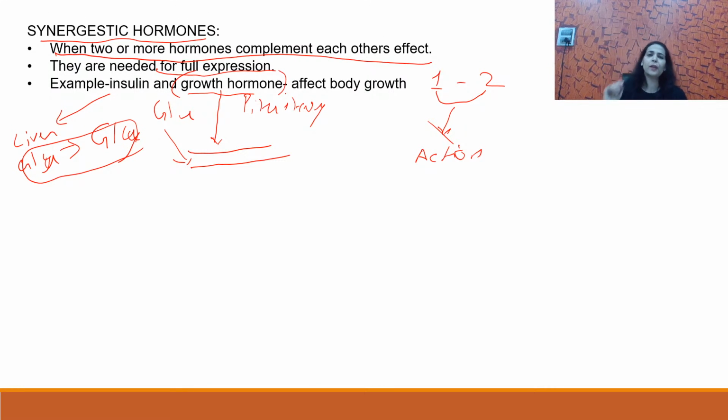Suppose you only have growth hormone. Growth hormone will try to act on the bone, but you do not have insulin in the body. Glucose will not be absorbed by the bones, and though bones have growth hormone, they will not attain their normal length in the absence of insulin. Are you getting it?